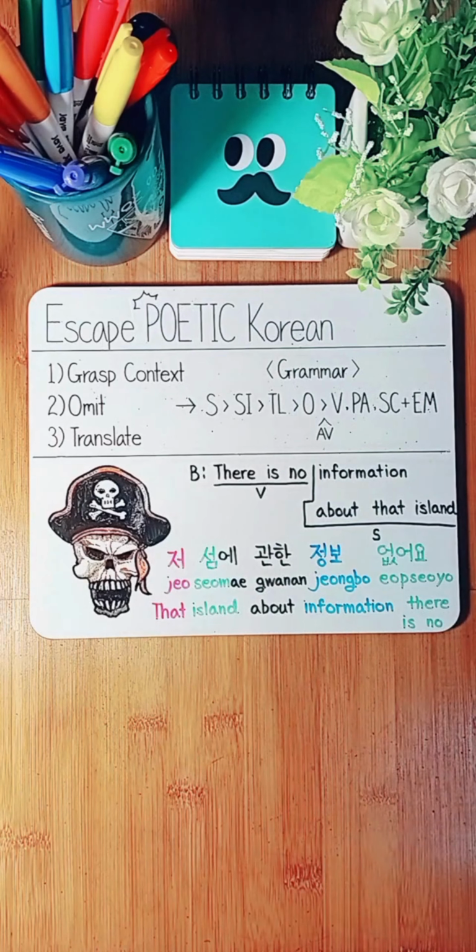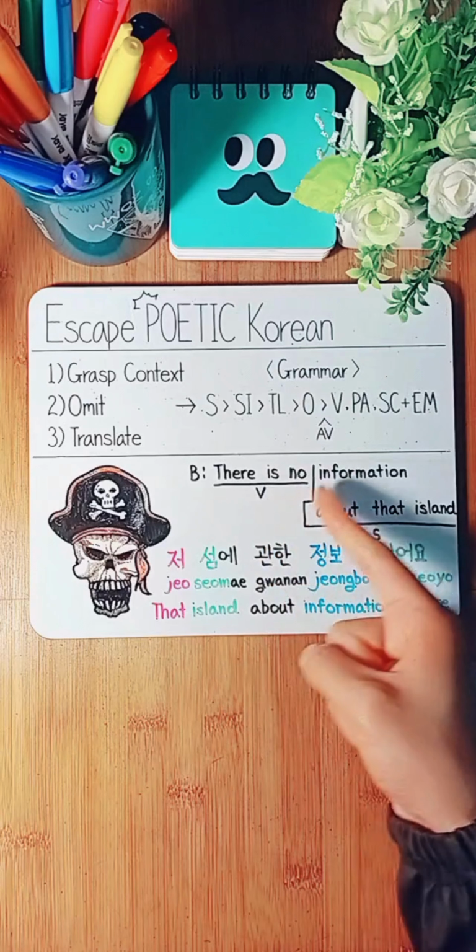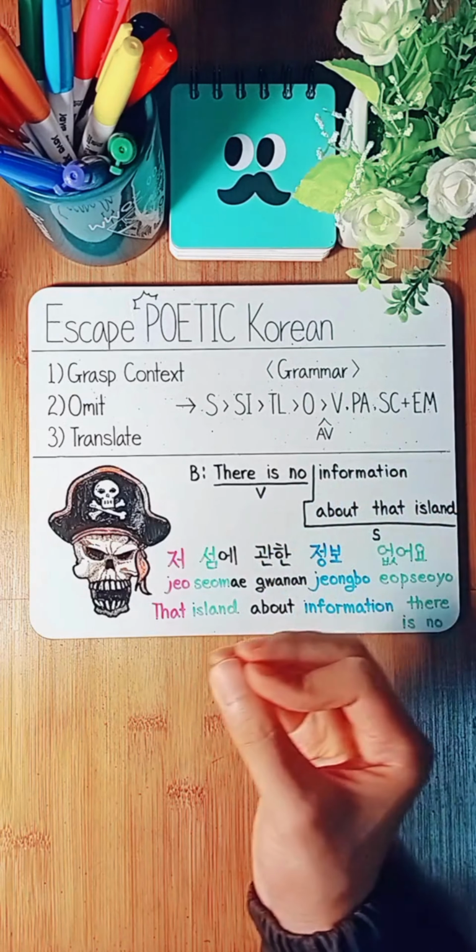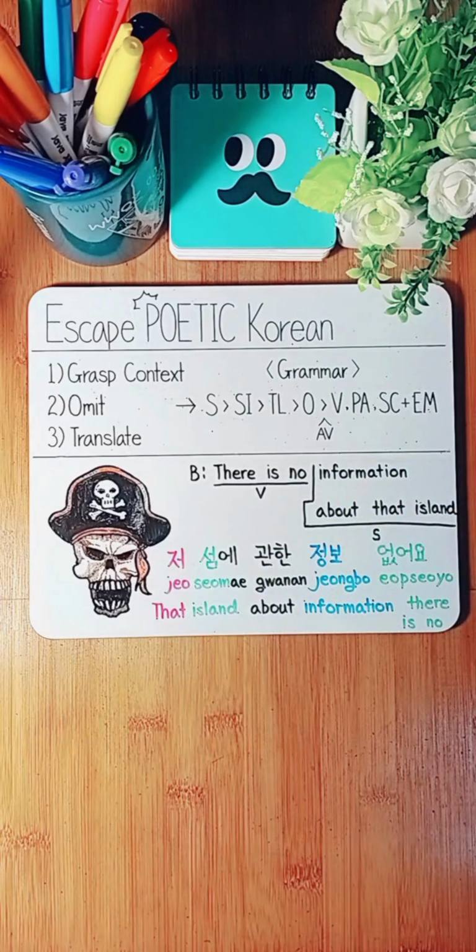But we share a code called common sense, and we use that common sense to interpret context, and based on the context, we unanimously arrived at the conclusion that we're going to interpret the situation as B saying, there is no information about that island, so let's not go.